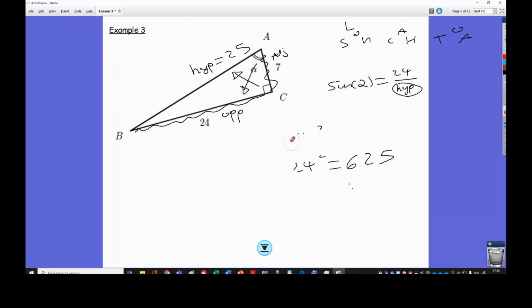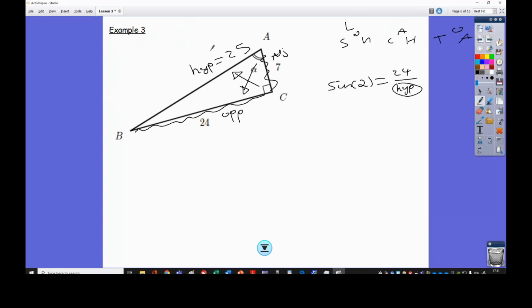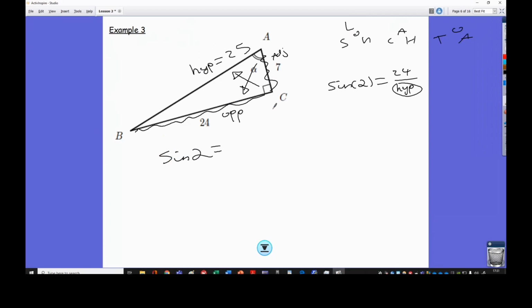So to work out the sine, cosine, and tangent of the angle alpha, we just need to use 25 as the hypotenuse. So we have sine alpha is equal to opposite over hypotenuse, which is 24 over 25, so very close to 1.